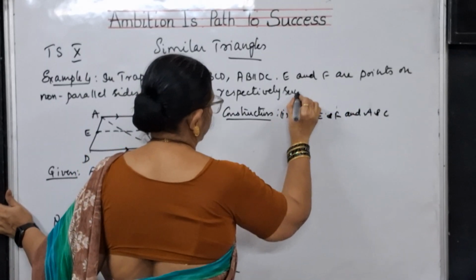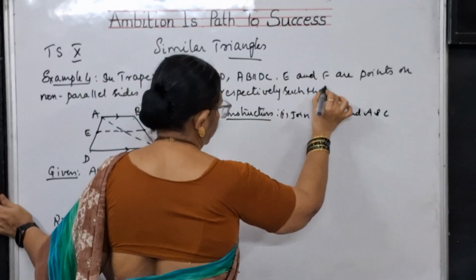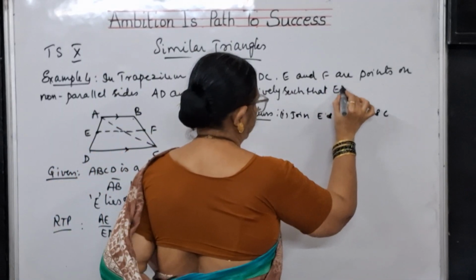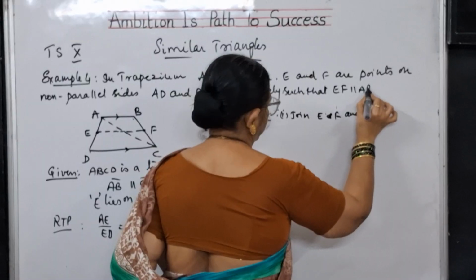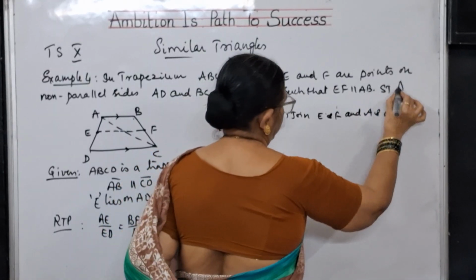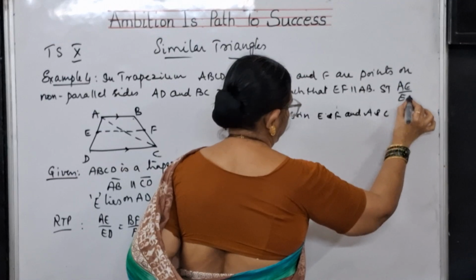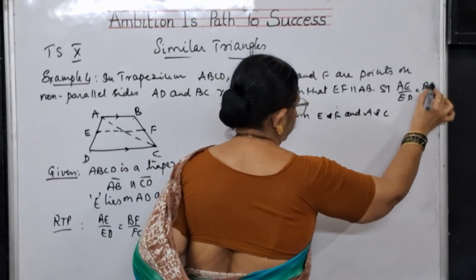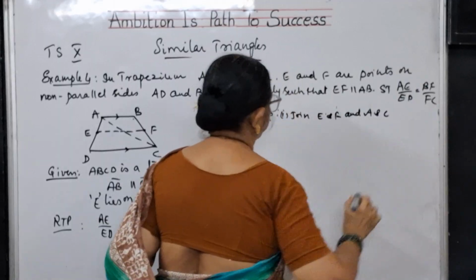Such that EF is parallel to AB. Show that AE by ED is equal to BF by FC.